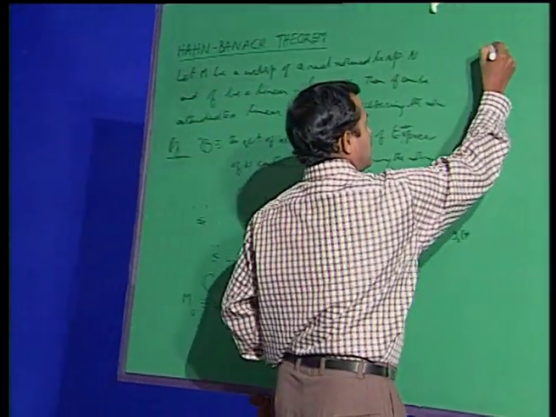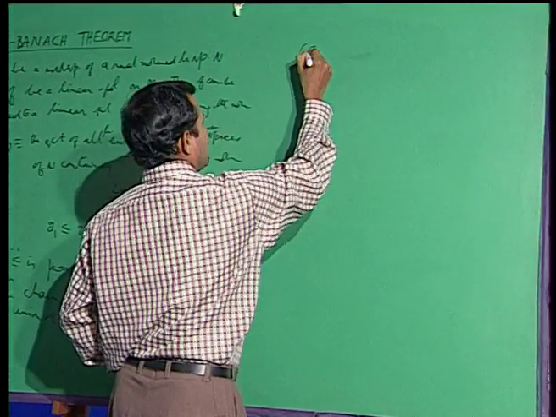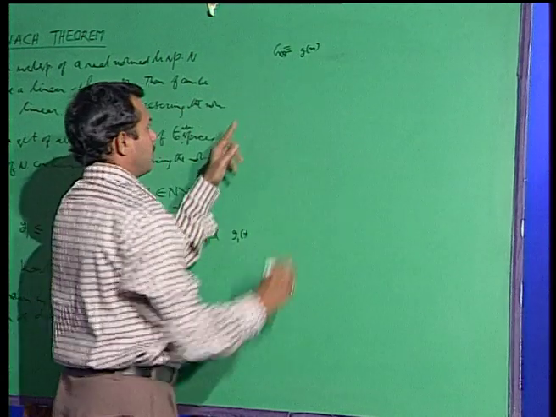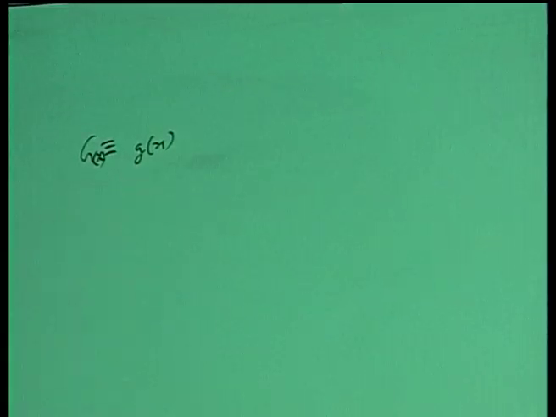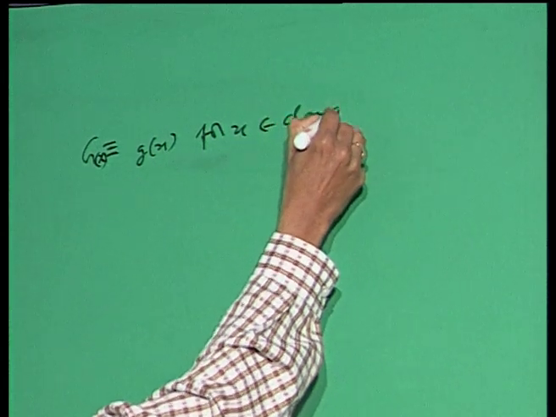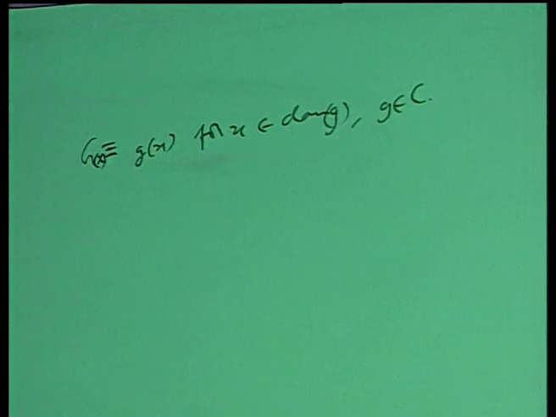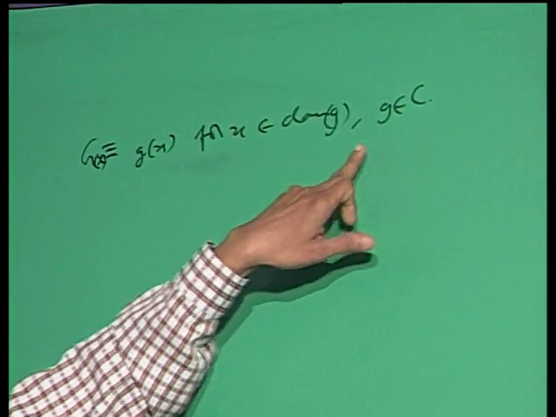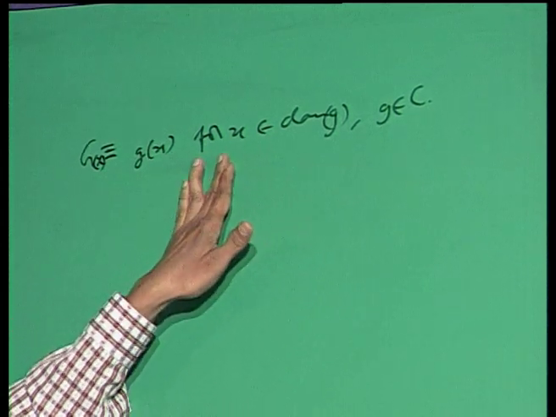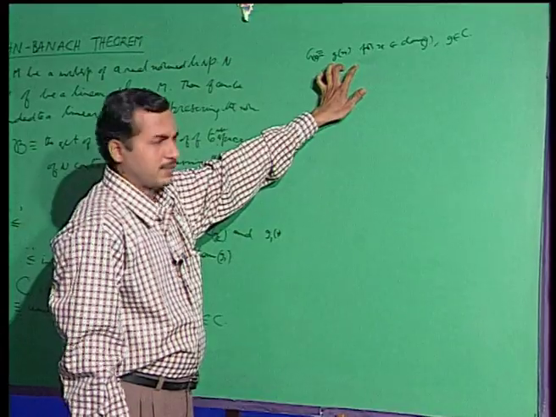So, capital G is defined as follows: capital G of x is equal to small g of x for x belonging to domain of g, where g comes from the chain C. So, from the chain C, we collect an arbitrary element g, and for x belonging to the domain of g, we define capital G of x to be small g of x.